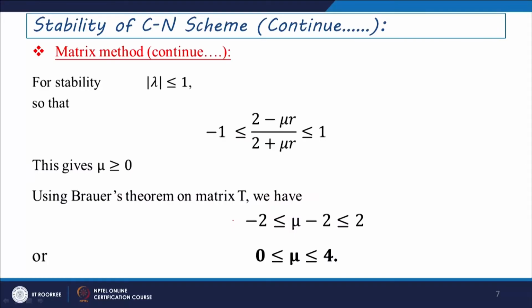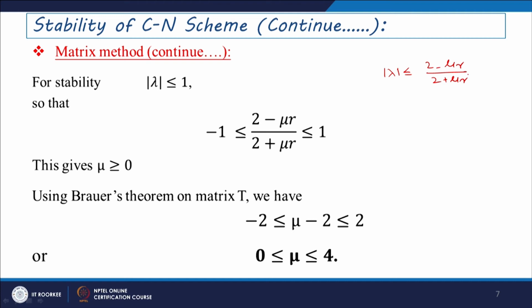And for stability, we have already known that we have to consider the absolute value of lambda; it should be less than or equal to 1. So if you consider lambda to be less than or equal to 1 here, then we have this inequality: lambda is less than or equal to (2 minus mu r) by (2 plus mu r).